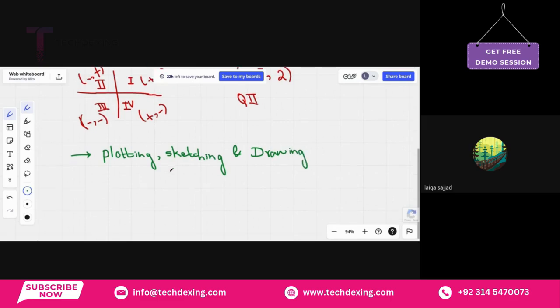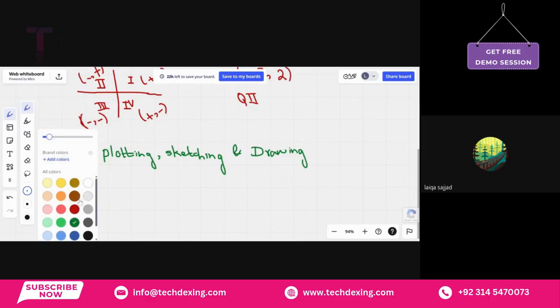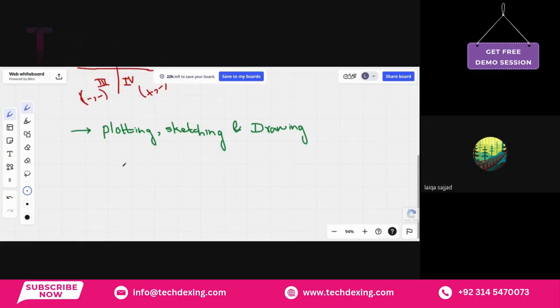Plotting is quite simple. It simply means marking exact points using the coordinates of a point. So this is simply the representation of the points using their coordinates on a grid or on a plane. Exact point locations.